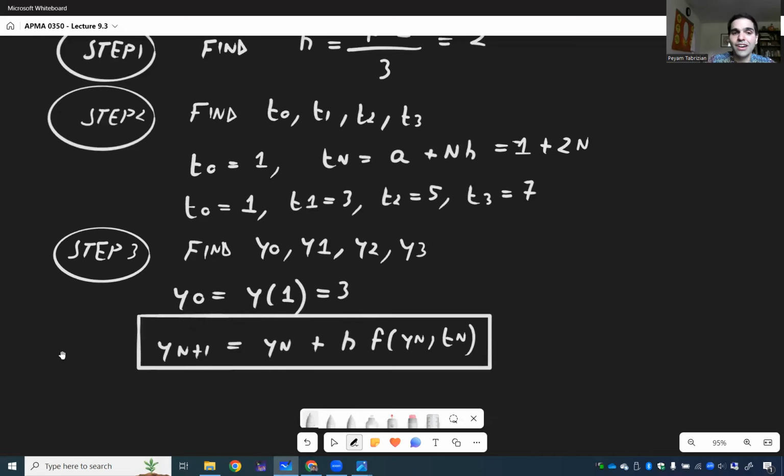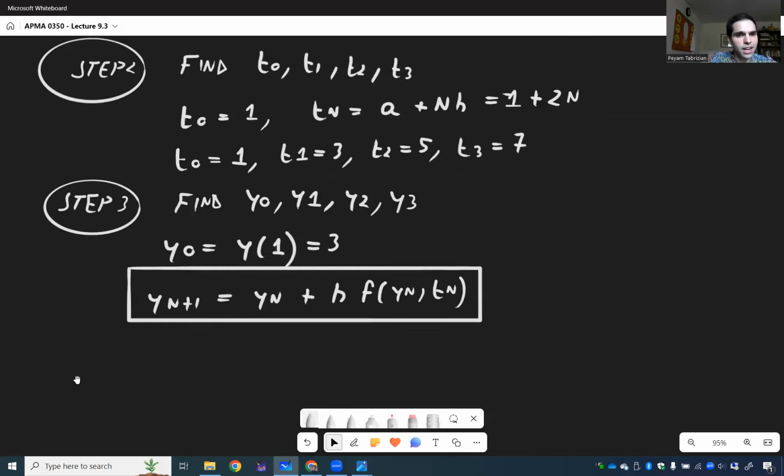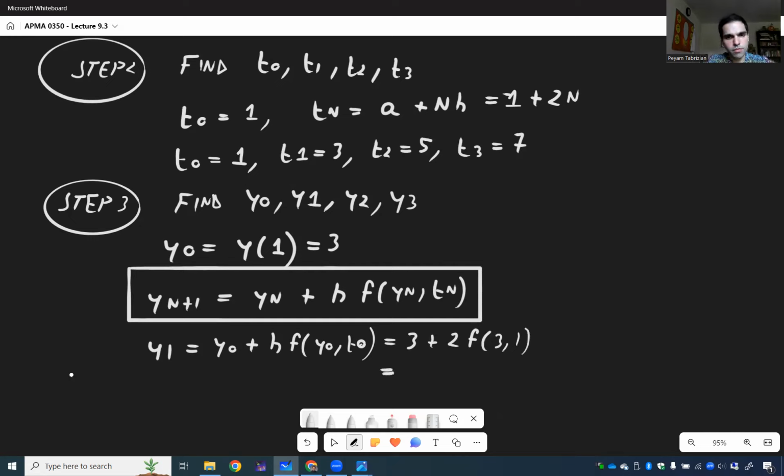And then you literally just have to plug in everything. So y1 would be y0 plus h times f of y0, t0, which is 3 plus 2 times f of 3, 1. And that is 3 plus 2 times f, which in this case is our ODE, 1 minus t minus 2y.